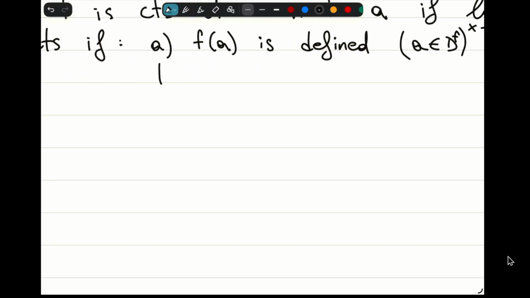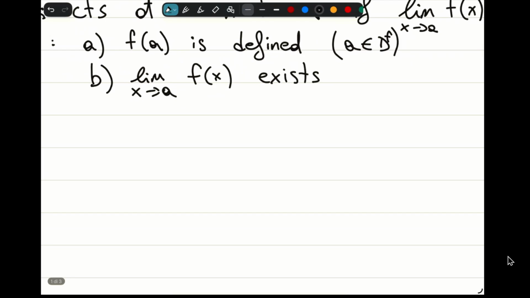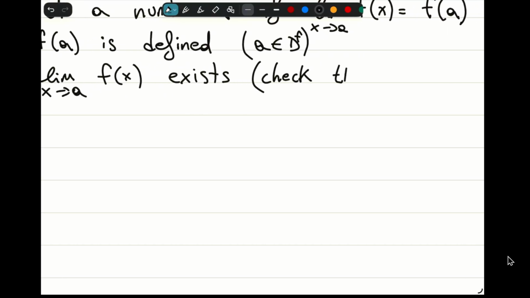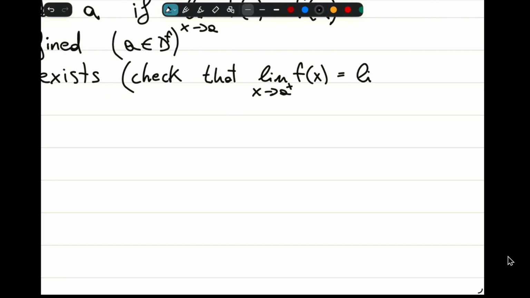Then we said b, the limit as x approaches a of f of x exists. So this basically means check that the limit as x approaches a of f of x, from the right, equals the limit as x approaches a from the left.